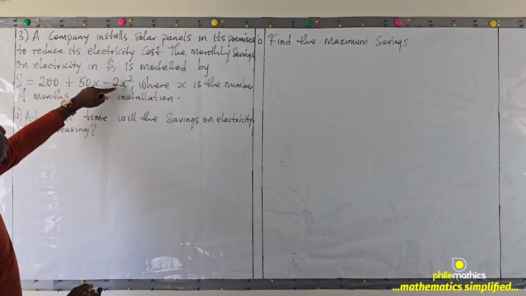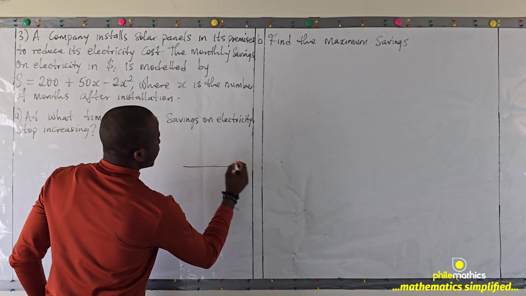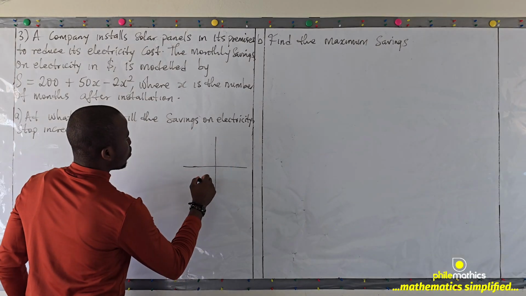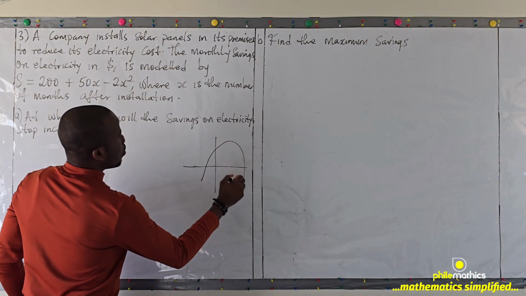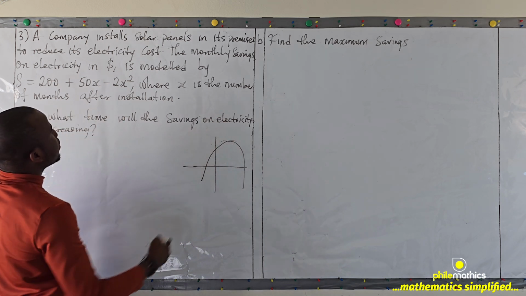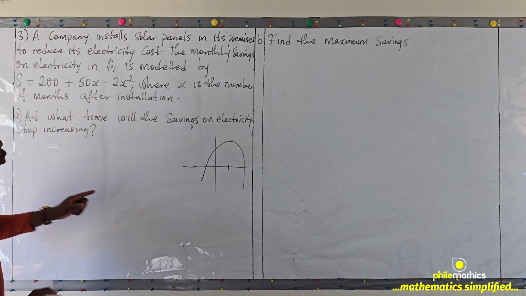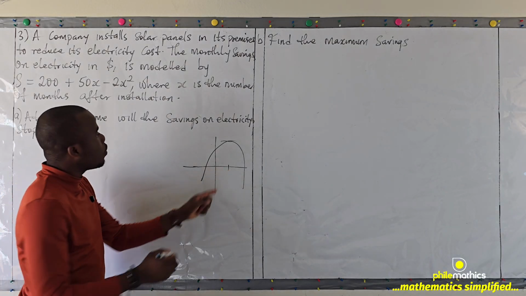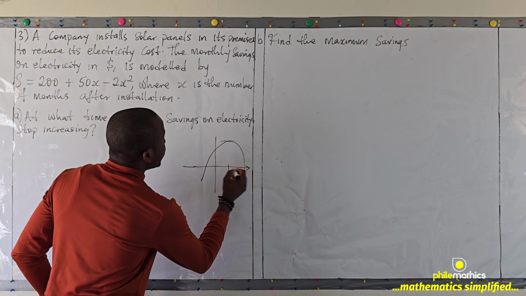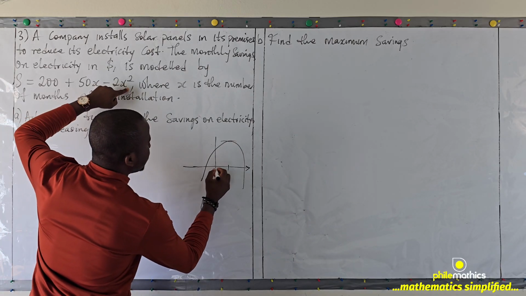If you notice, this is an inverted parabola, and this is the point where it stops increasing. So this is what we call a critical point, and this is what we are looking for. This is where our month is, that is our x.